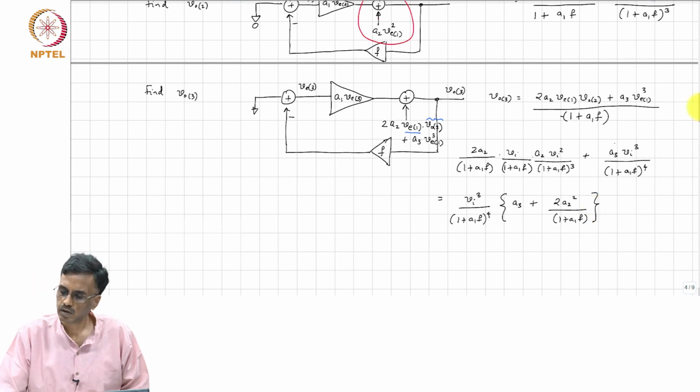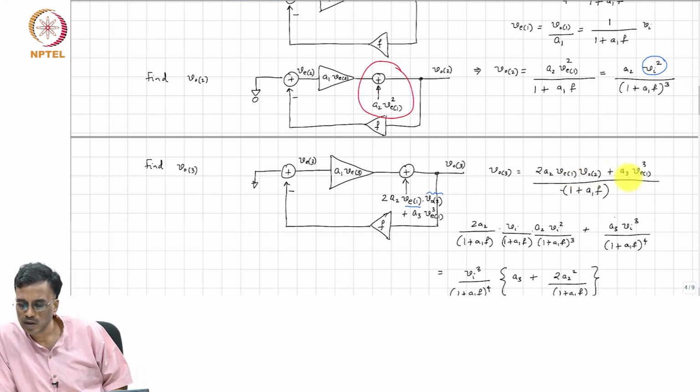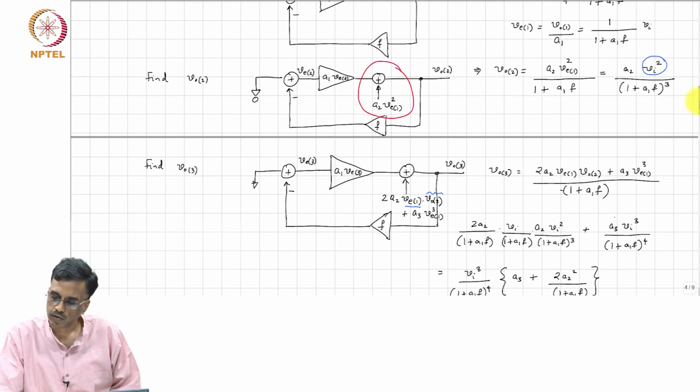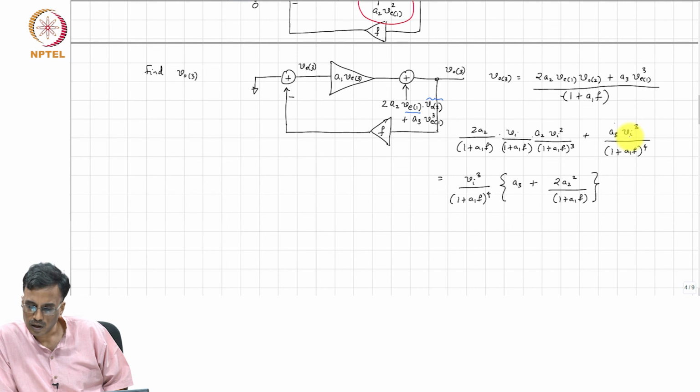I'm missing something, hold on. A2 Vi square has got dimensions of voltage, A3 Vi cube has got dimensions of voltage, so that's all fine. A3 Vi cube is fine.